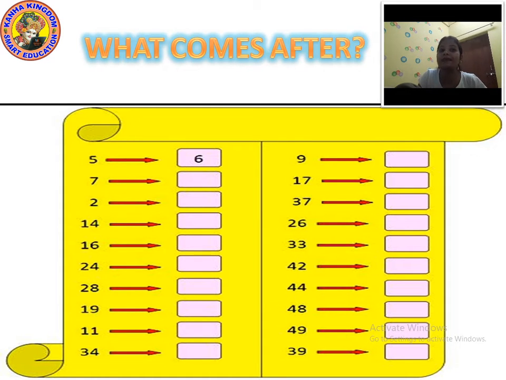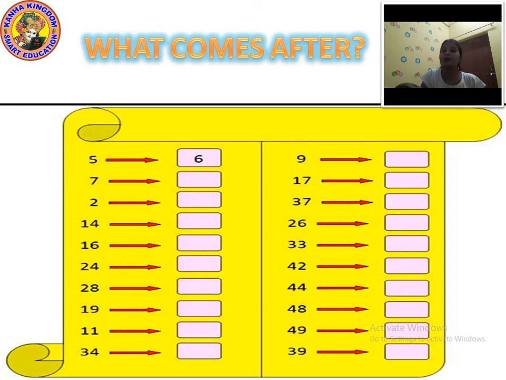Okay. Now the next number is 28. Now let's start counting to find out what comes after 28. We will start counting from 21. 21, 22, 23, 24, 25, 26, 27, 28, 29.